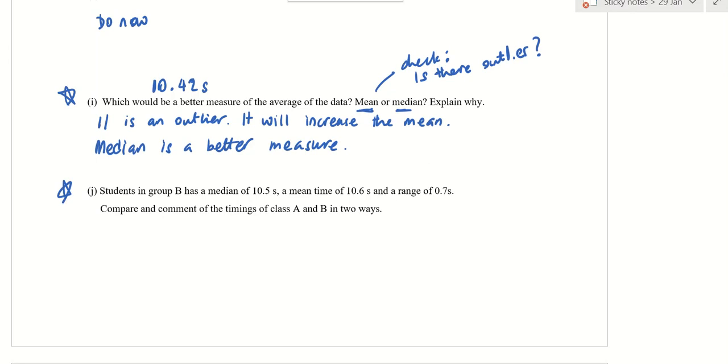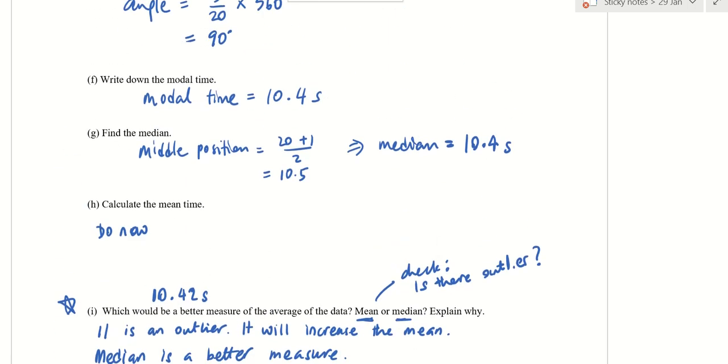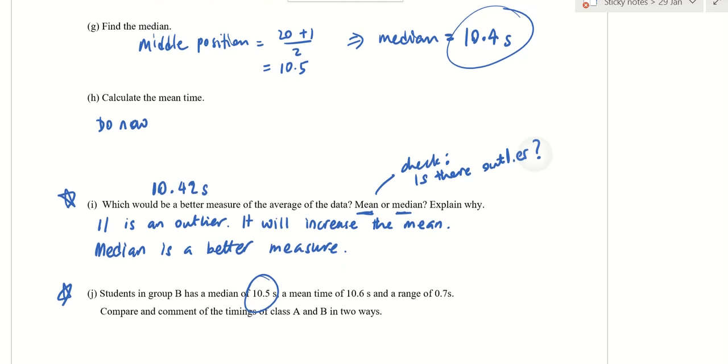So next one, also very important. Now we have another group of students, group B, median 10.5 seconds. Earlier we had our median in group A 10.4 seconds, so we can do a comparison already.